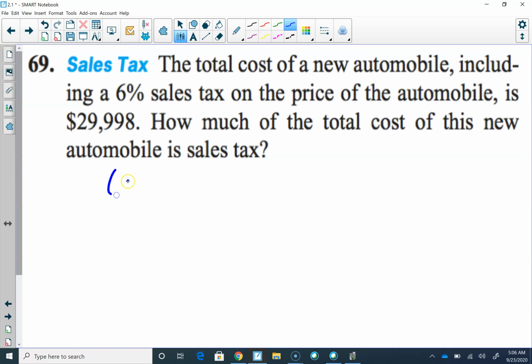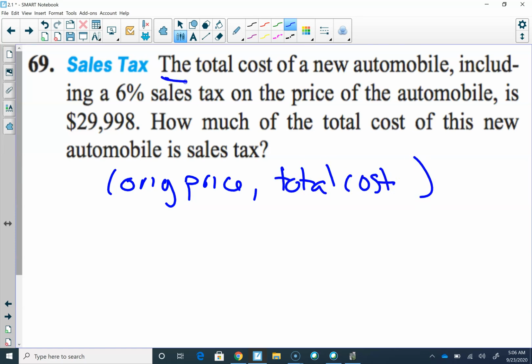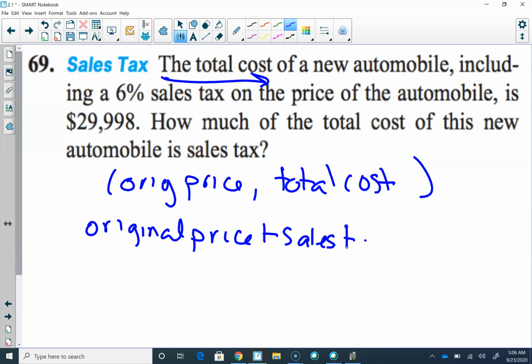So the original price is my X, and the total cost is my Y, if you look at that. So the formula I would use is the original price plus the sales tax is going to get me my total cost.